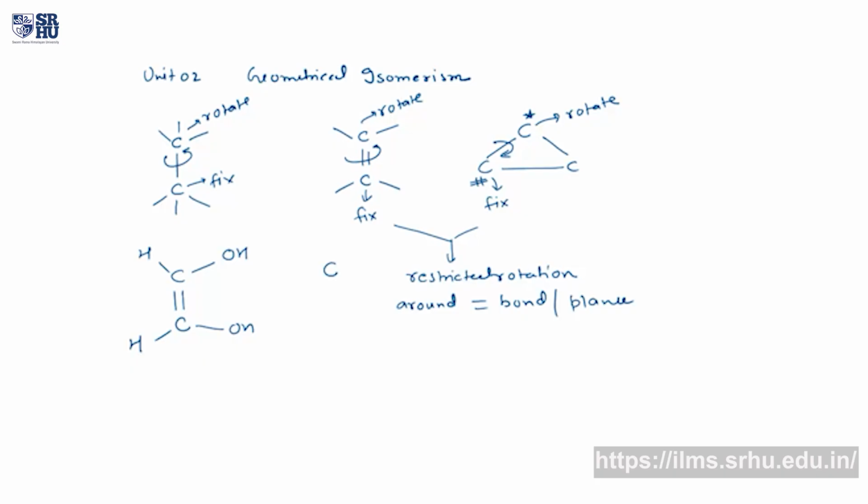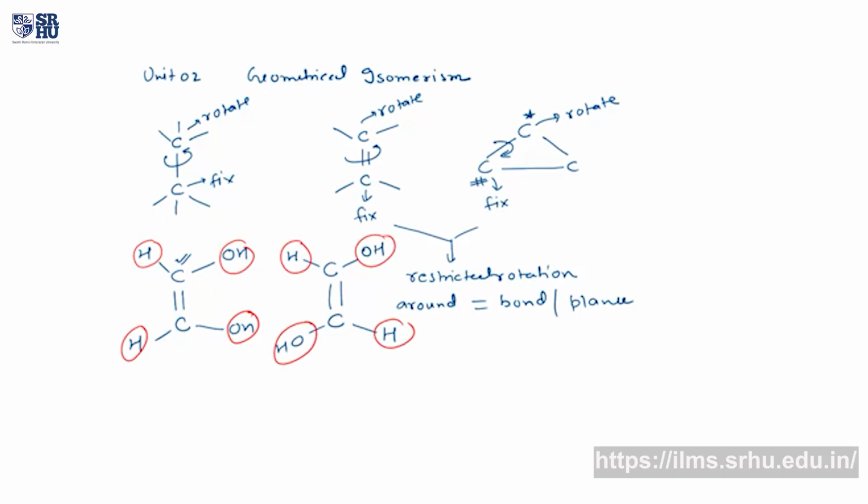Now there could be another orientation in which this carbon has H and OH likewise as the first carbon, but the OH on this side will now go opposite to the OH, and H will be opposite to the previous carbon's H. Now you see here that these H and these OH are on the same side of the double bond, whereas in this molecule this H and this OH are on the opposite side of the double bond.